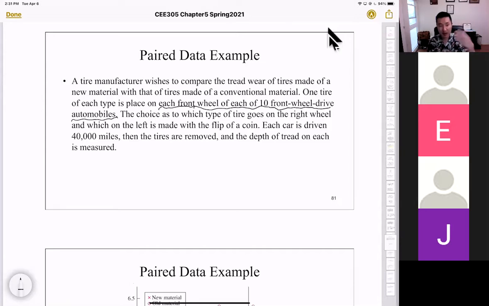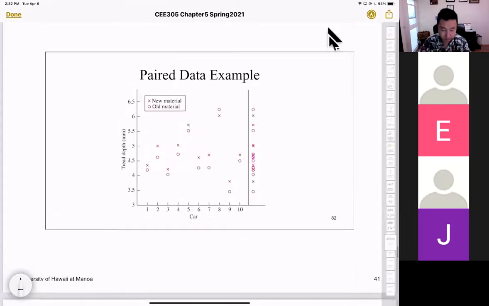Each car will run 40,000 miles, and then we compare the tread depths, how much was consumed. So this is paired data. This is one pair, car number 1, and these are the tread depths.